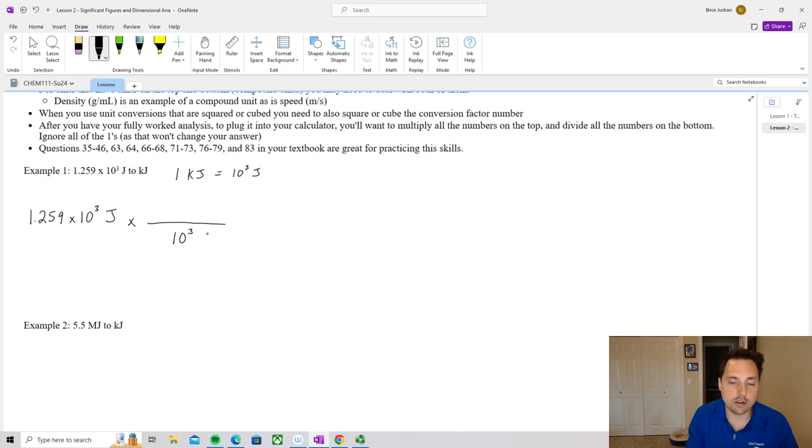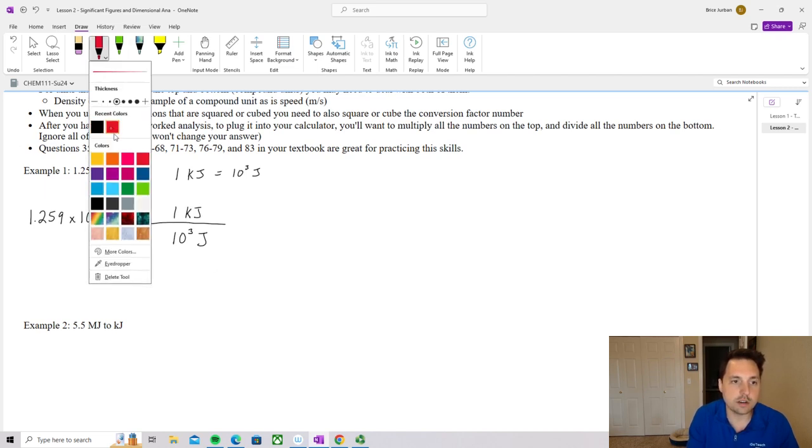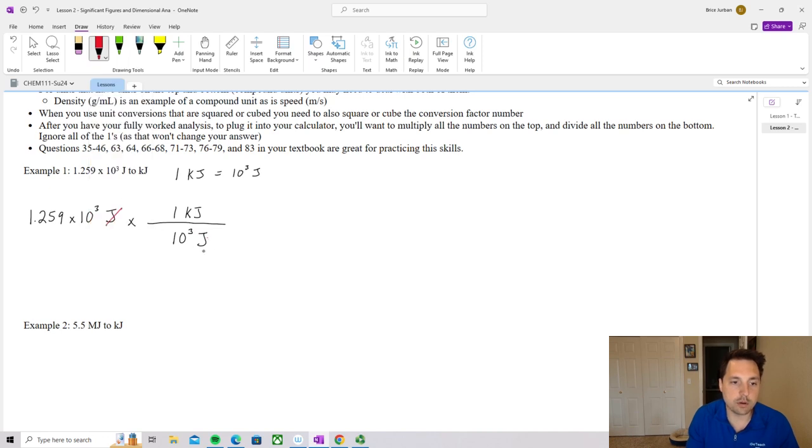So 10 to the third joules is on the bottom, and then 1 kilojoule is on the top. And then we can see here that if we have a number on the numerator and a unit on the denominator, those units will cancel out, and we'll end up with the correct value.